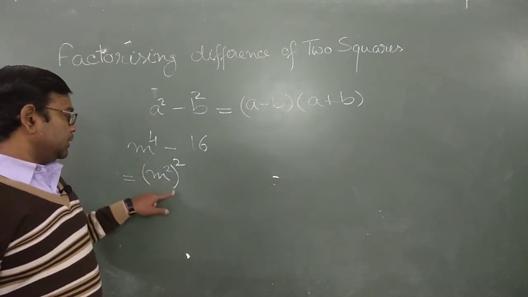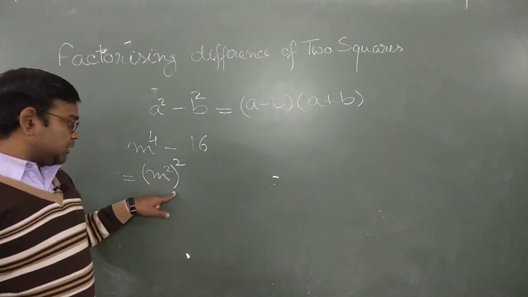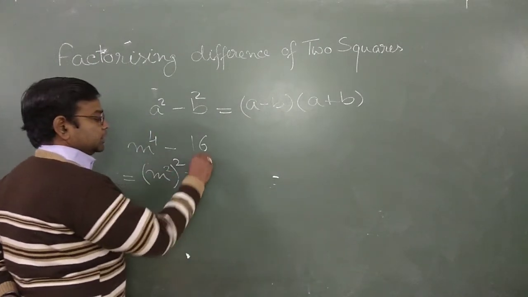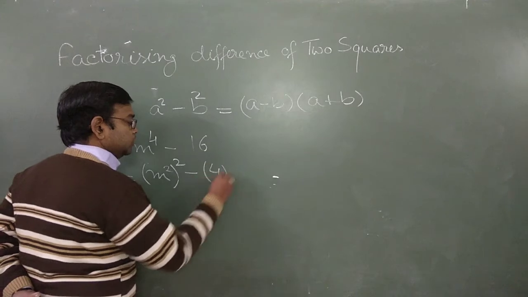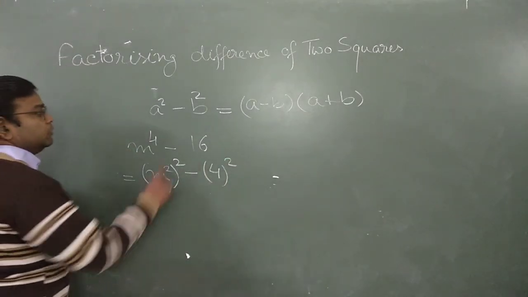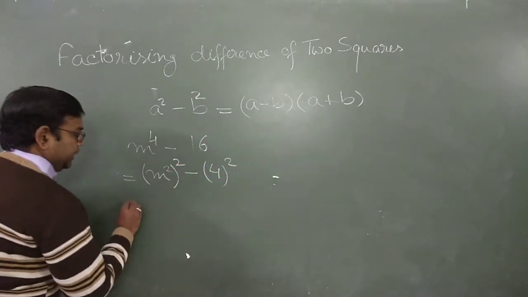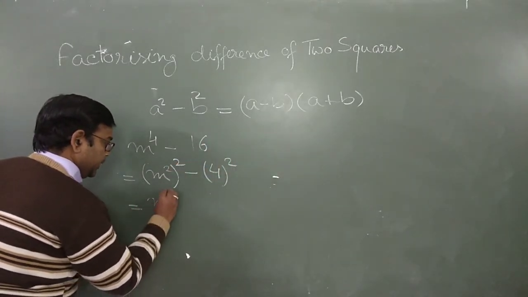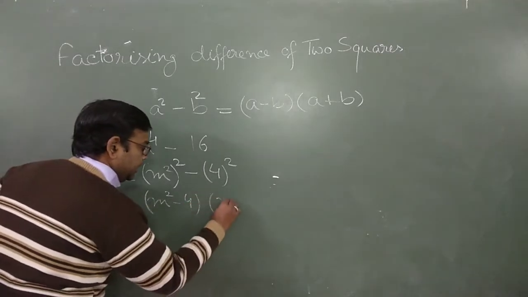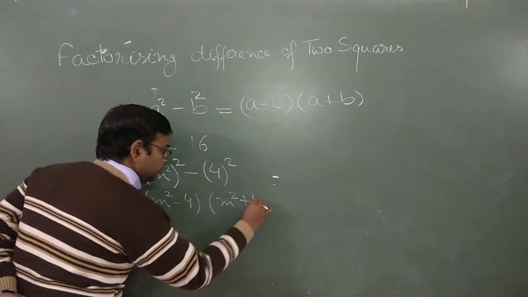We write it, then we use the whole square sign. Likewise, what is the square root of 16? It's 4, and it's a whole square. Both are equal. And by using this identity, we can easily express it as (m square minus 4) and (m square plus 4).